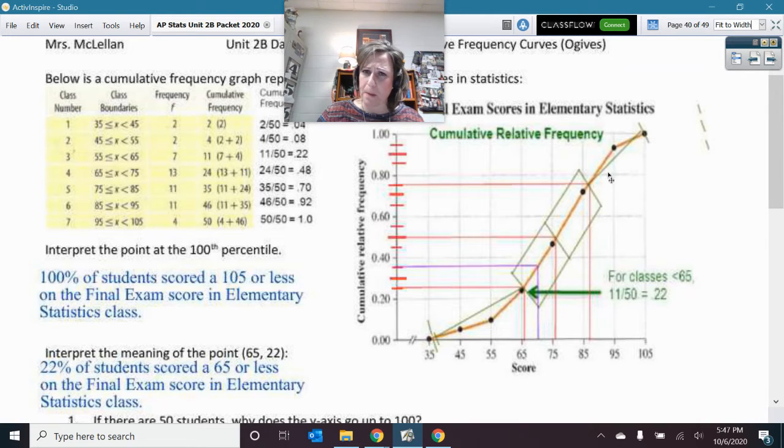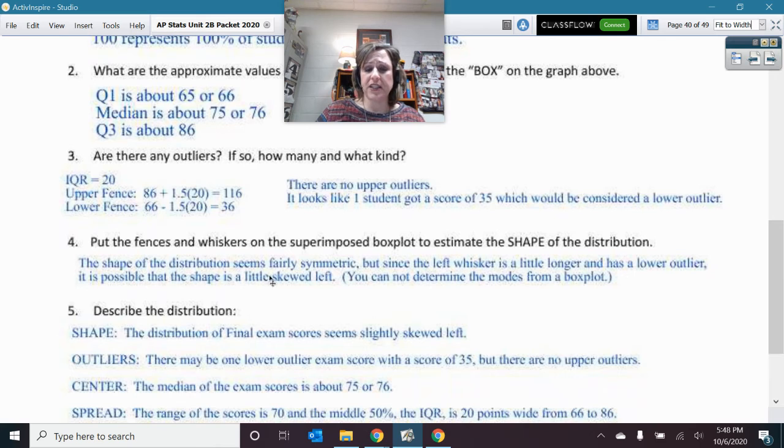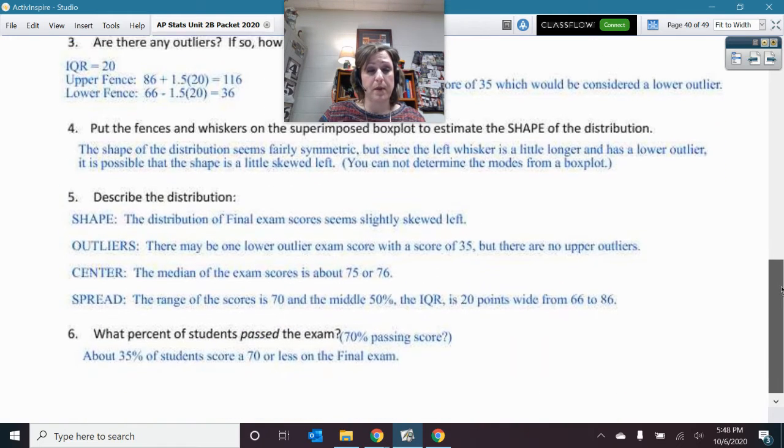My whiskers are about the same size, so fairly symmetric. That's what I put. The shape looks fairly symmetric. The left whisker is a little longer and there's an outlier, so you could possibly say slightly skewed left. Now remember, you cannot do modes from a box plot.